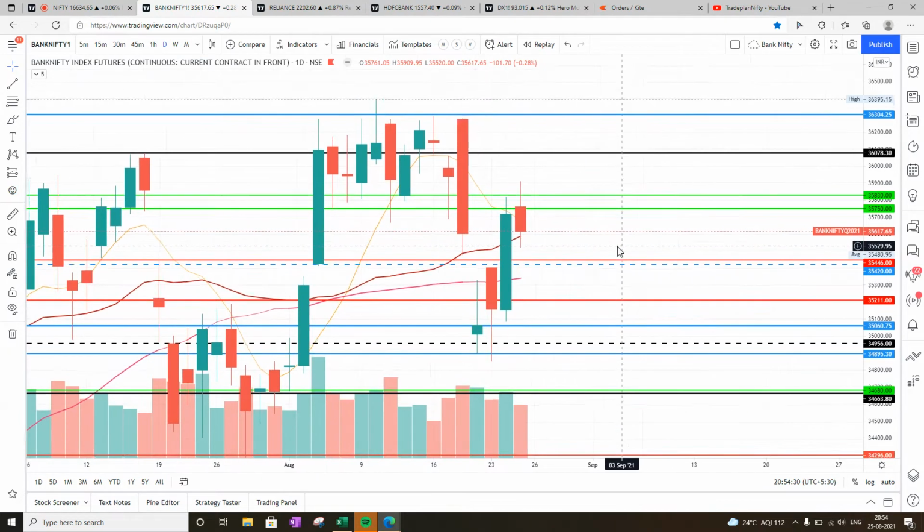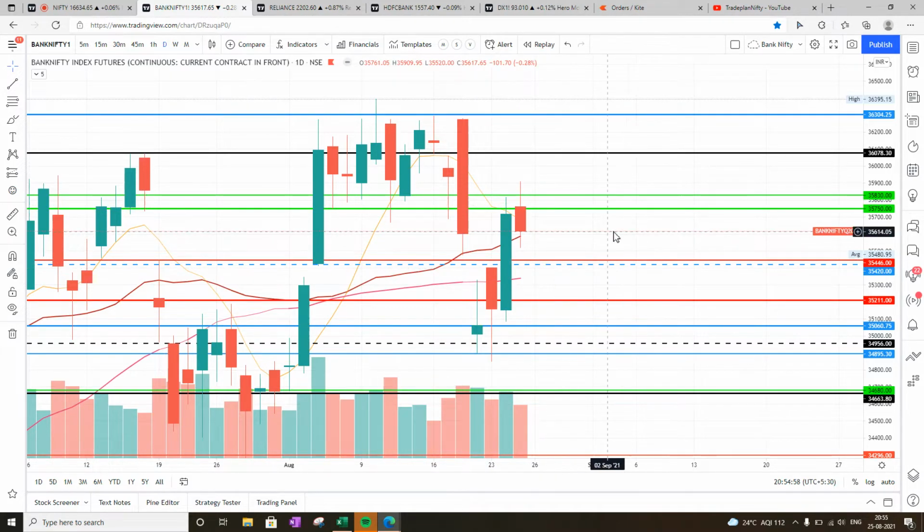When we look into Bank Nifty, we see that Bank Nifty is still above the 20 bar moving average. So this is in uptrend, and we see the impact of the dollar index moving up. So today we could see some sign of weakness in Bank Nifty, but now Bank Nifty has a very good support at the 35,420 zone, which is a weekly pivot as well as the 50 bar moving average.